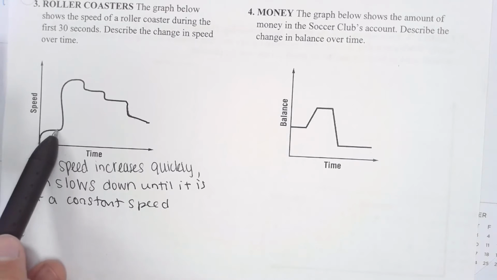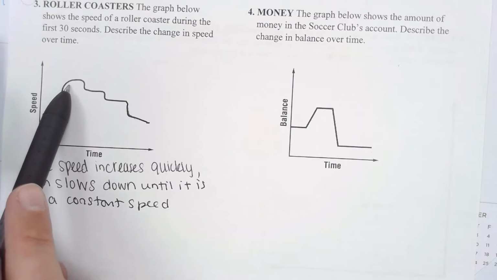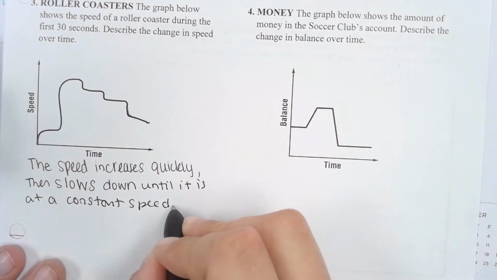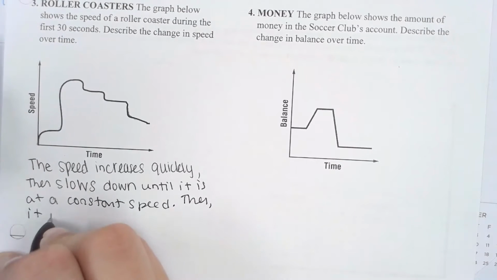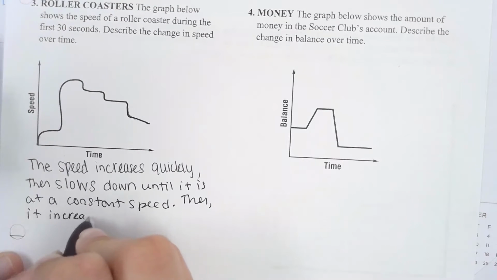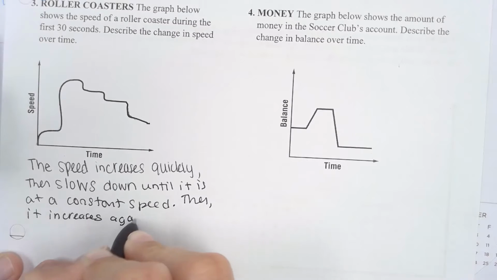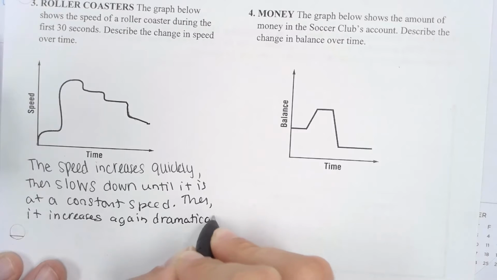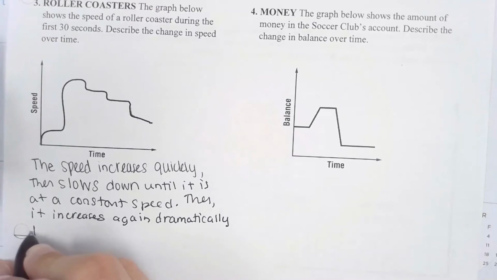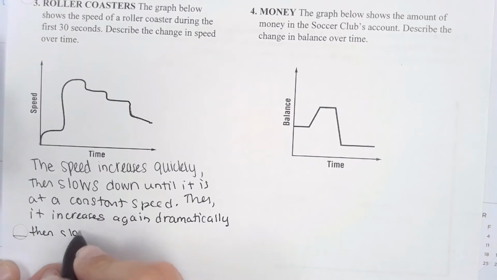So obviously it increases dramatically again. So after the constant speed, then it increases again dramatically. Then slows to a constant again.